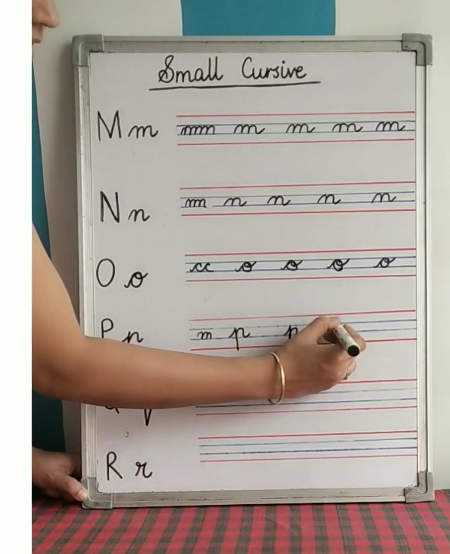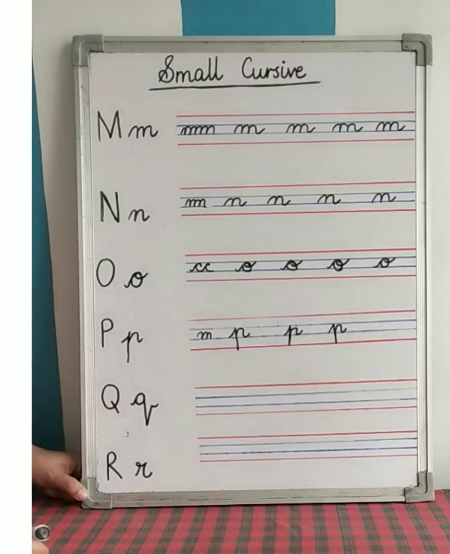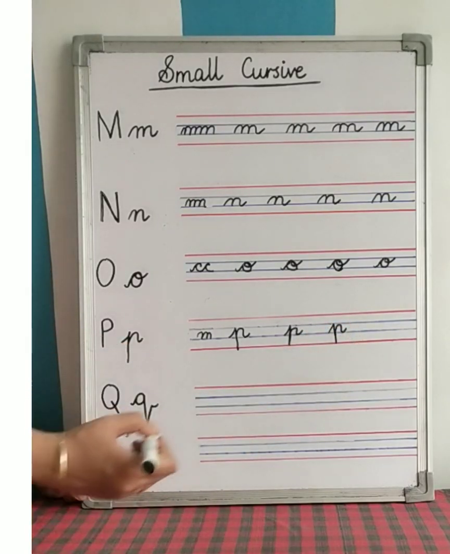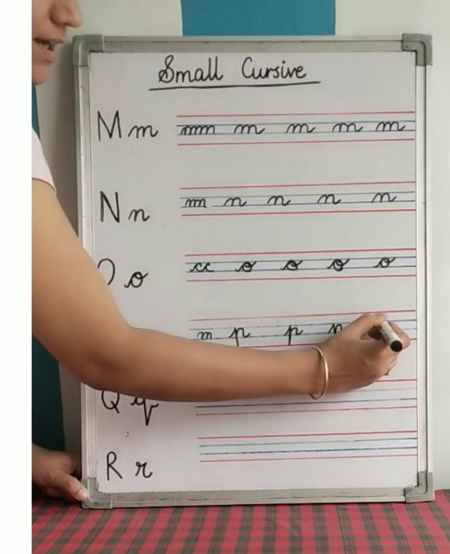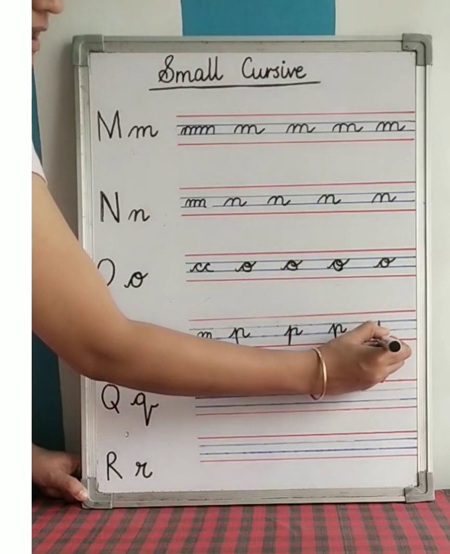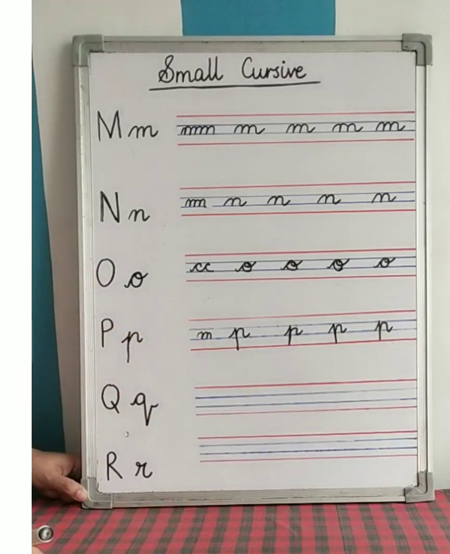This is how we will end writing small cursive P. First a slanting line between the 2 blue lines, then a standing line extended till the bottom red line and a curved line forming a tail like this.